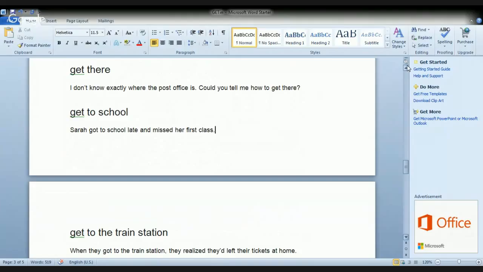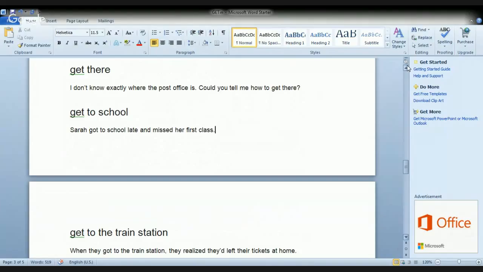I'm not sure about home, but get to school, I mean, the preposition to in many of these cases means that it's movement. And so when you get to school, you're physically moving into the school to get there, to arrive there. Okay.